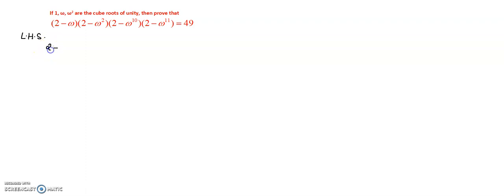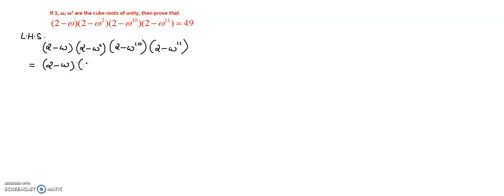Left hand side is (2 minus omega)(2 minus omega square)(2 minus omega power 10)(2 minus omega power 11). Let's keep the first two terms as they are, because they are in omega and omega square terms.